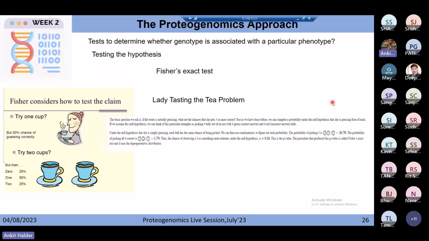Here there is another example. If you take out balls one by one, there are four green balls and two red, and what you bring out will be either green or red. If you say I will bring out two green, what is the probability that it is by chance?